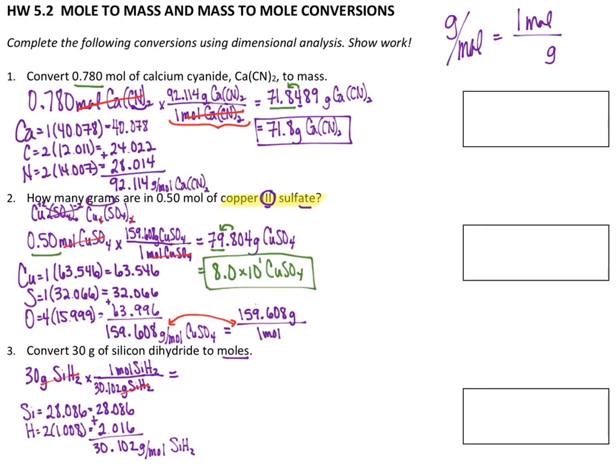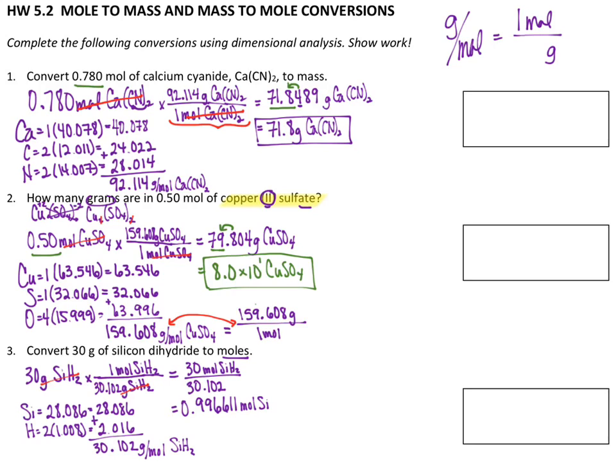If I were to write my fractions, I would end up with 30 and my surviving unit is mole of SiH2 over 30.102. There's no unit because we canceled it out. So when we divide 30 by 30.102, you end up with 0.996611. We can go on forever.